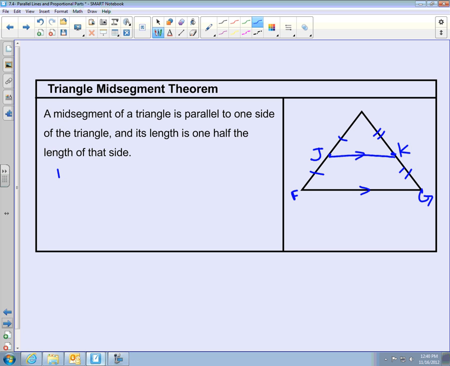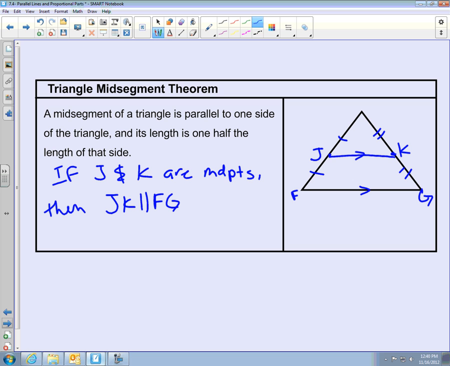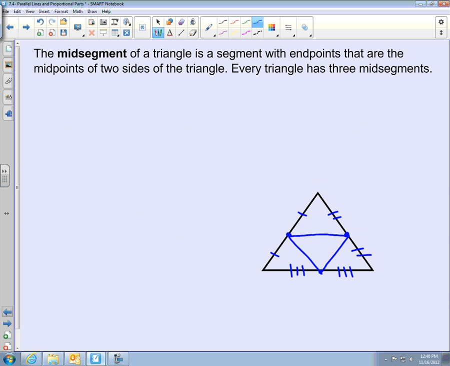So let's say here, if J and K are midpoints, then JK is parallel to FG, so that midsegment's parallel to that base, and we know that JK, our midsegment, is half of that base. Now, if we go back to this diagram, we could say that this side is parallel to that side. We can go ahead and say this side is parallel to that midsegment, and then our last one is going to be these two midsegments are parallel.